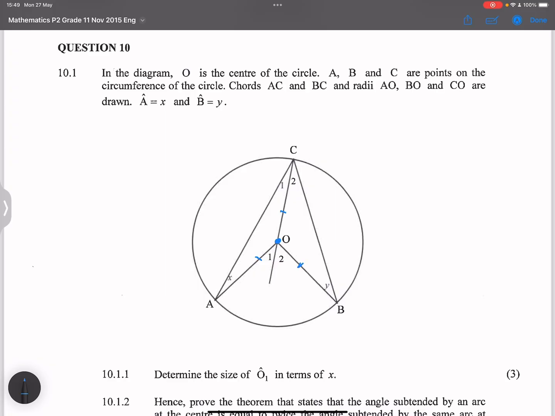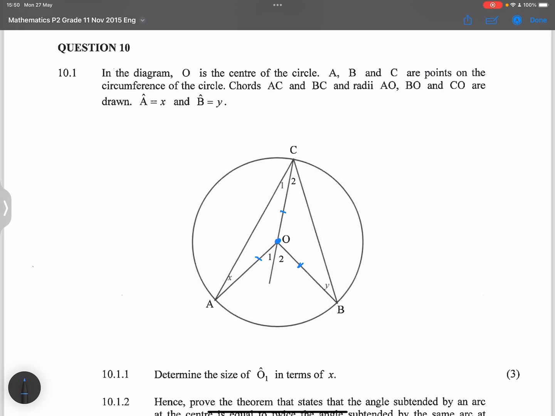They say A, B, and C are points on the circumference of the circle. Chords AC and BC and radii AO, BO, and CO are drawn. They say A is equal to x, and B is equal to y.